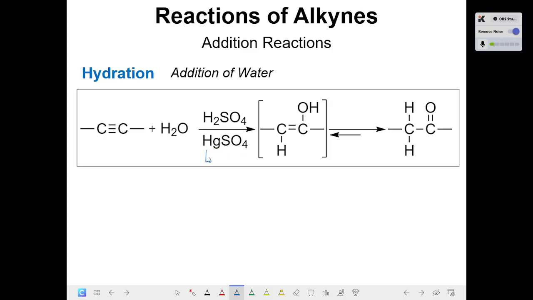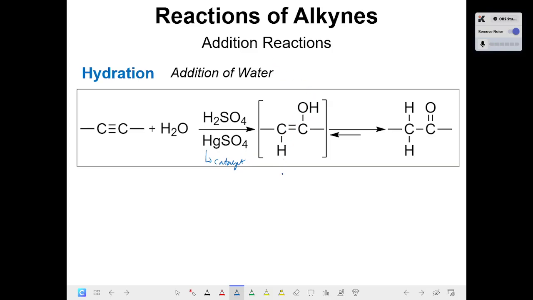The mercury compound serves as your catalyst and speeds up the reaction, because without mercury sulfate this reaction is very slow. What will happen is the formation of what we call an enol.